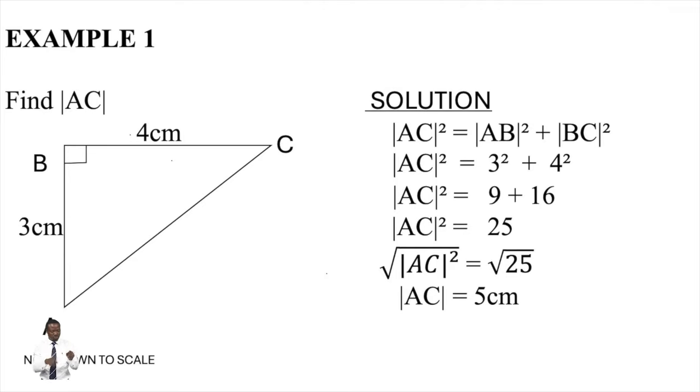So we have the square root of AC squared being equal to the square root of 25. The square root of 25 gives us plus or minus 5. But because we are dealing with distance or magnitude, and magnitude cannot be negative, we are going to consider only the positive numbers. So AC will be equal to 5 centimeters.